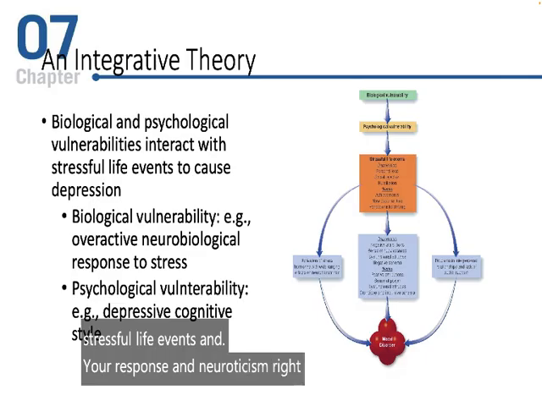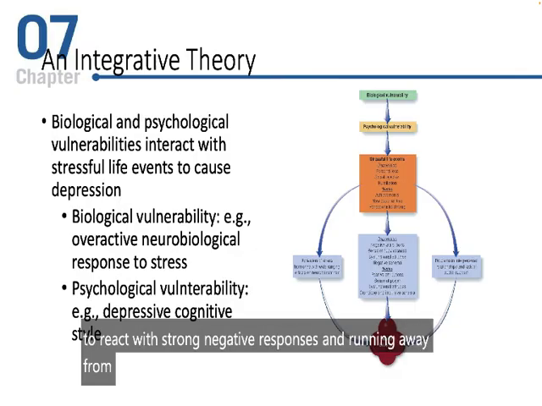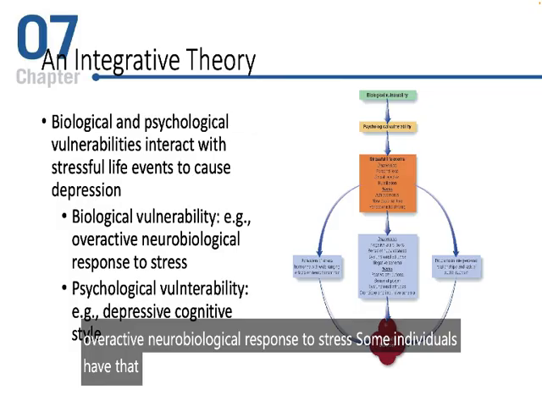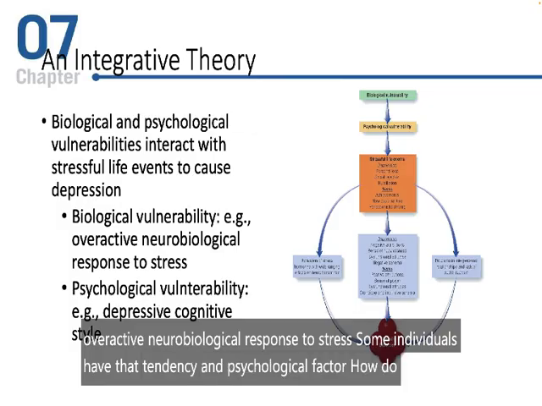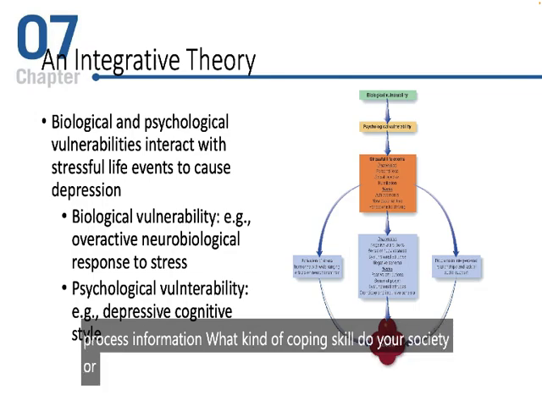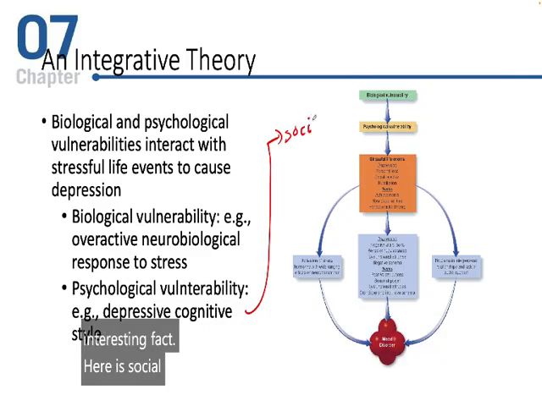You are extremely prone to react with strong negative responses and running away from coping skills. Like biological vulnerabilities, here you see an overactive neurobiological response to stress. Some individuals have that tendency. And for psychological factors, how do you process information? What kind of coping skills does your society or your family culture teach you? And one interesting fact here is social support.